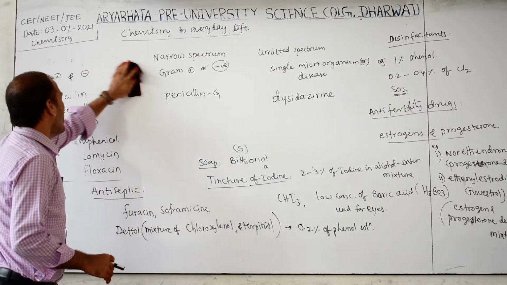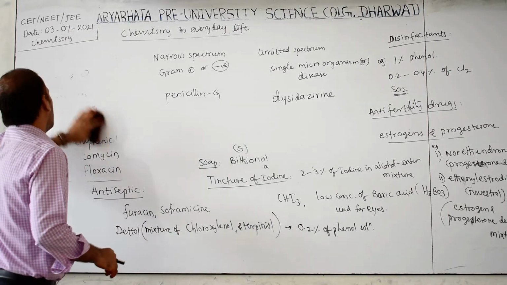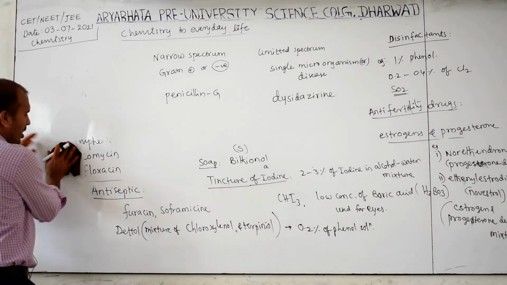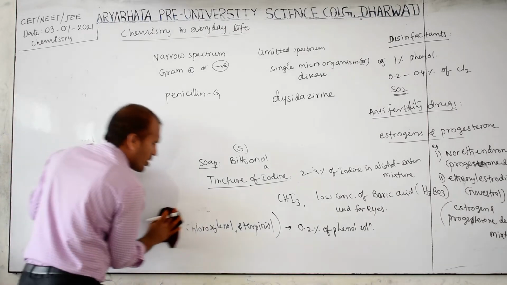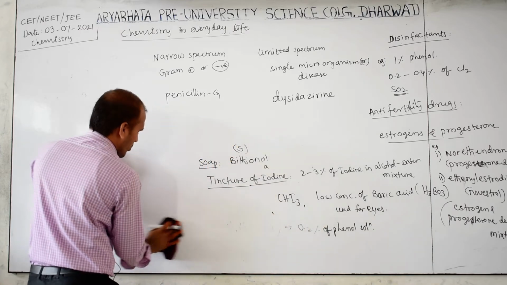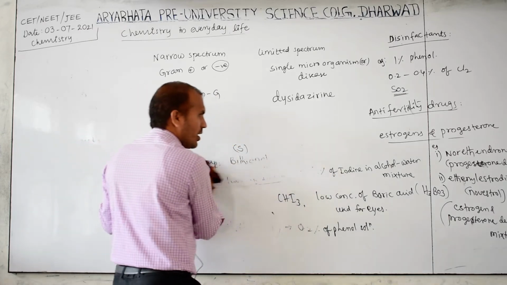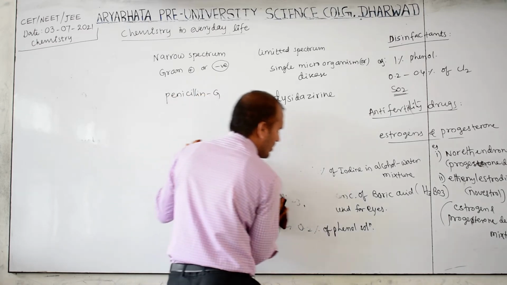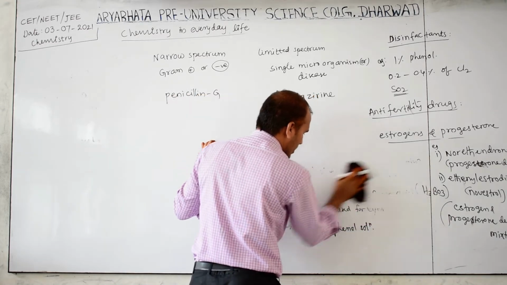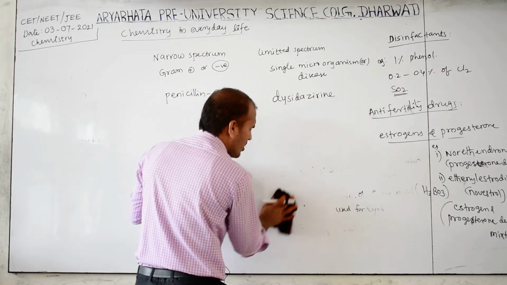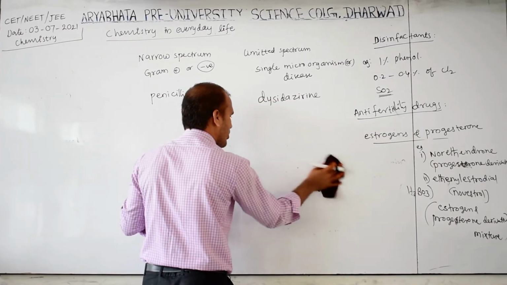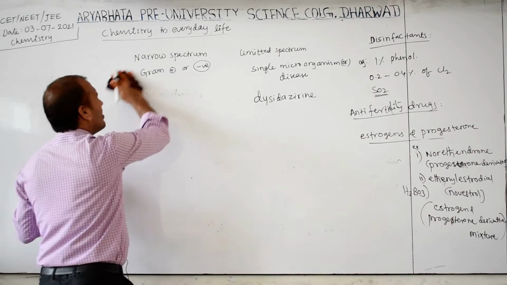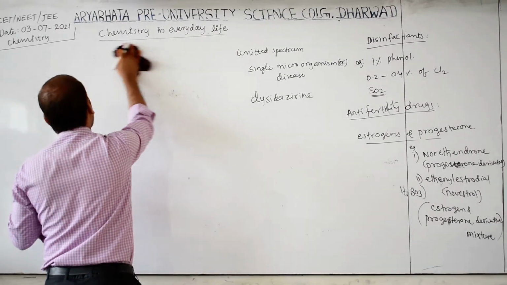Next, chemicals in food. So what are the chemicals we use in food? One is food preservatives, another is antioxidants and colors, and some nutrition value chemicals like minerals and vitamins added into the food.